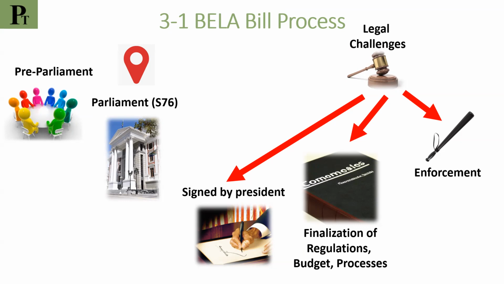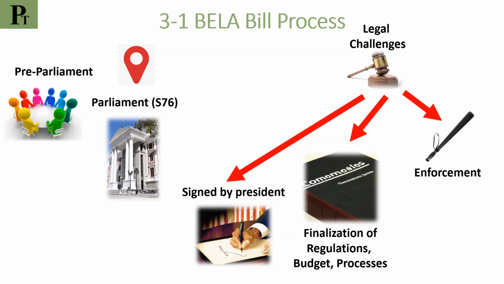When the bill is ready, the minister then tables it at Parliament, and then it follows a parliamentary process. That's where the bill is currently: it's being considered by Parliament, and you'll see the little indicator there. After Parliament has approved the bill, it's handed to the President for signature.